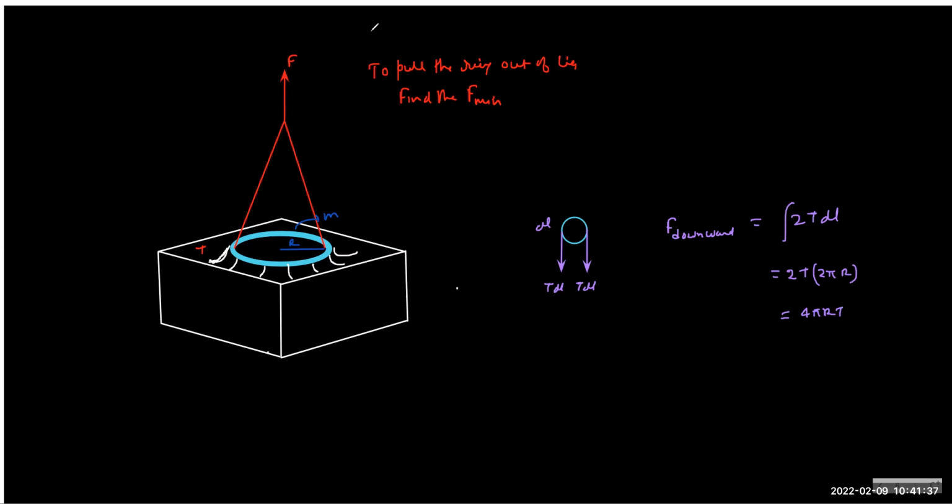And apart from this, it will also have a pull force downward because of gravity. We can say dm g or lambda dl g, and this will be basically mg only. So the net downward force will be this plus mg.